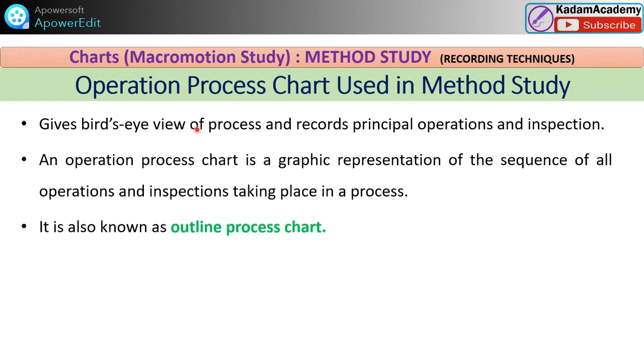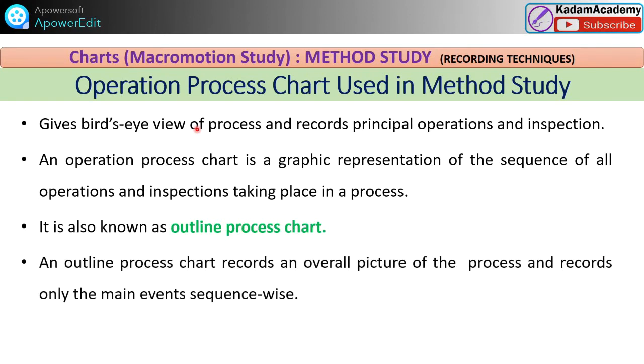But friends, here we'll see in detail how the process charts are used. An outline process chart records the overall picture of the process and records only the main events sequence-wise. We have to keep it here in the process.